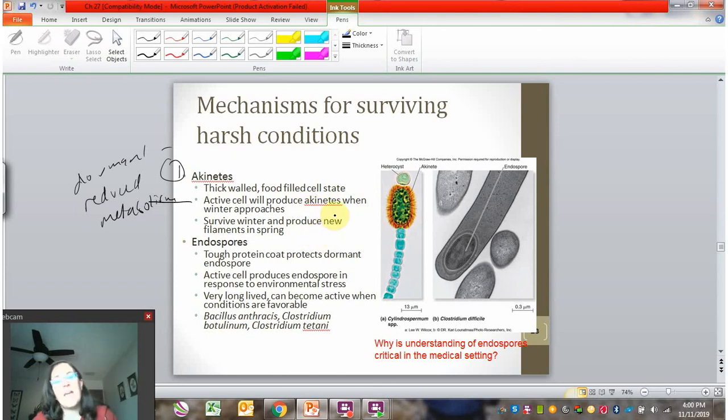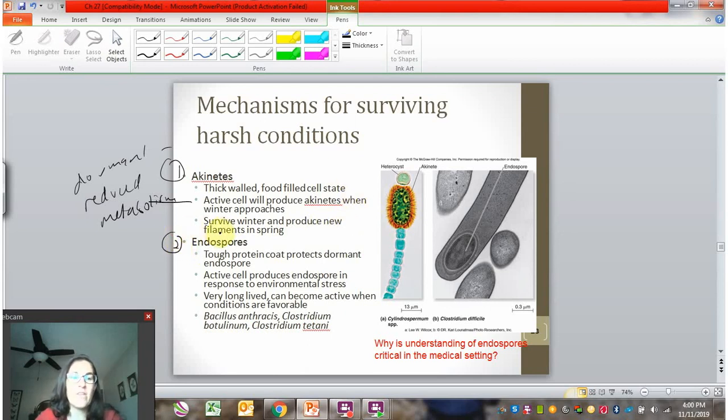And so this can happen on a seasonal cycle, though it can also just be something bad happened, like a pond dried up or something like that. And so these akinetes have been known to persist for like 50 years even in some cases. So we do have this seasonal cycle to it, which makes sense for where these organisms live, but they can even last longer than that.